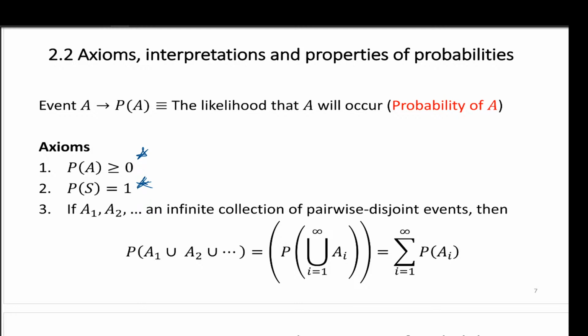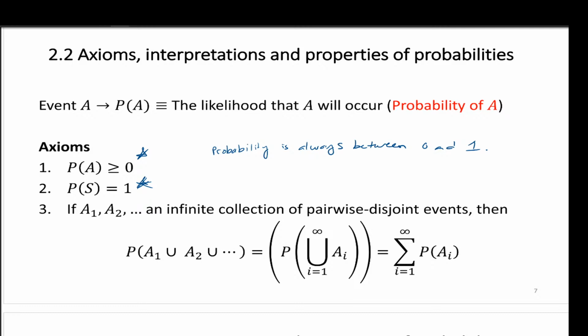So probability is always between 0 and 1, guaranteed.